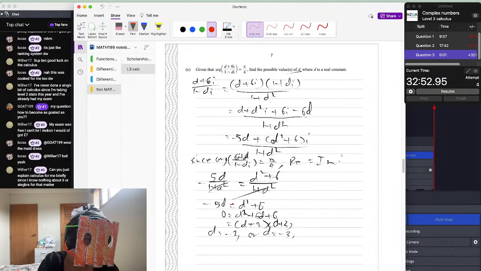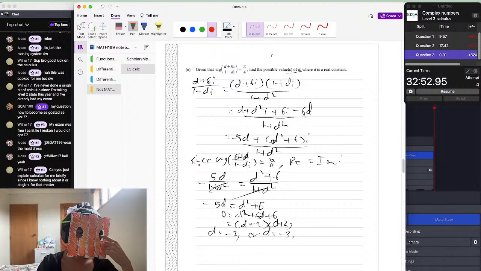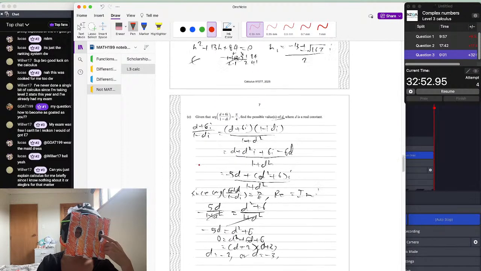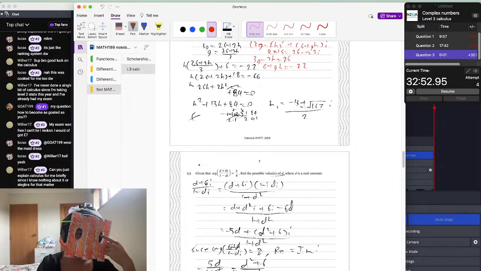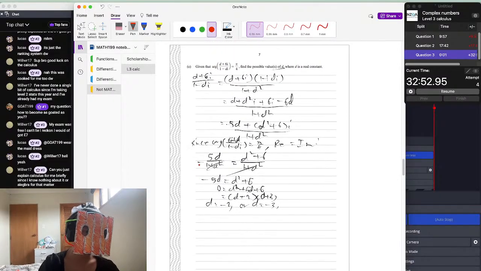Can you explain calculus for me briefly, since I know nothing about it or algebra for that matter? I mean, most people in the chat could probably do it for you, but I can explain it as well. The thing with calculus is that it is a mathematical field that looks at the rate of change.